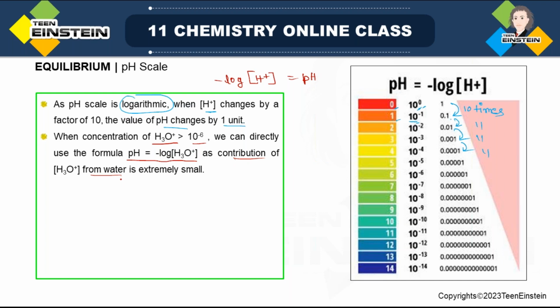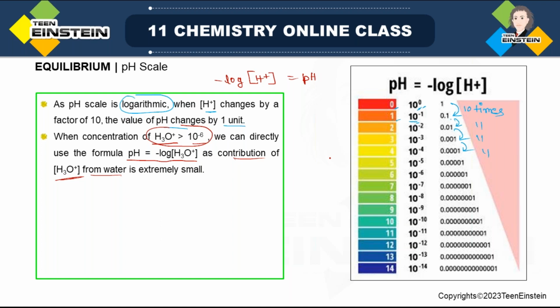So when the concentration is greater than 10 to the power minus 6, under this condition, the contribution of H3O plus that you are getting from water is not so high. Basically, the concentration of H3O plus we are talking about means it is an acidic solution. Acidic solution means the acid is present in water. So acid plus water is also present, and from water also there is a chance of getting H plus.